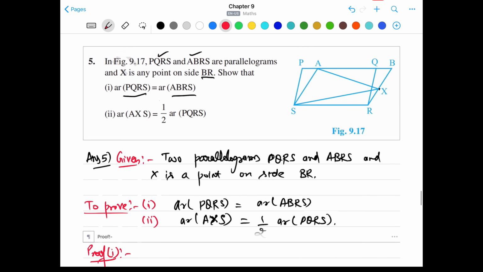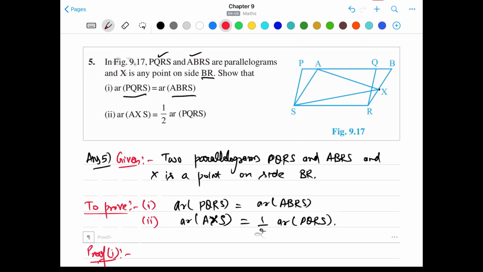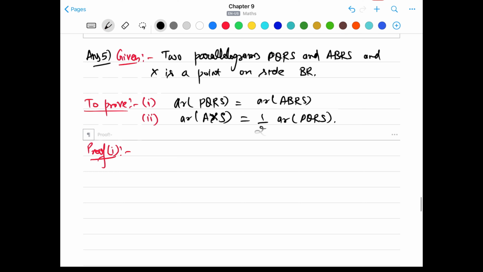Okay, now let's start the proof of part 1. In this figure the parallelograms PQRS and ABRS are on the same base SR and between the same parallels PB and SR. Therefore the areas of these two parallelograms have to be equal by theorem 9.1.